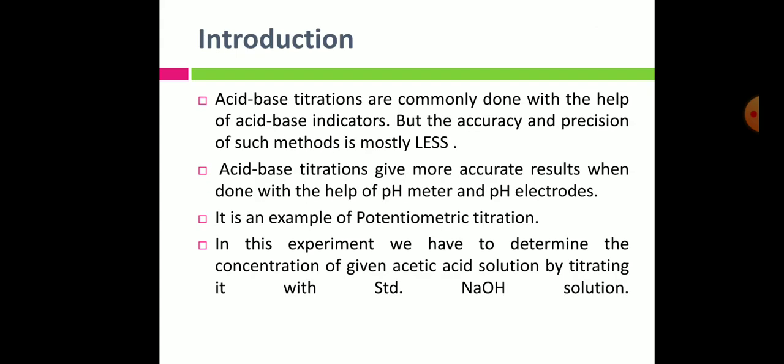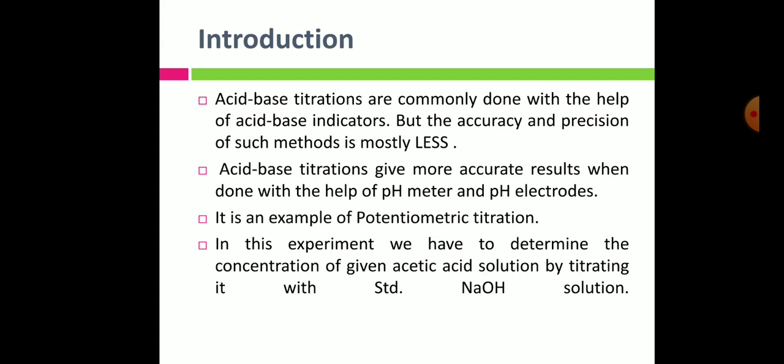Now let us begin our discussion with the introduction. Acid-base titrations are commonly done with the help of acid-base indicators, but the accuracy and the precision of such methods is comparatively less than the titrations which are done with the help of certain devices or instruments such as pH meter and pH electrodes.